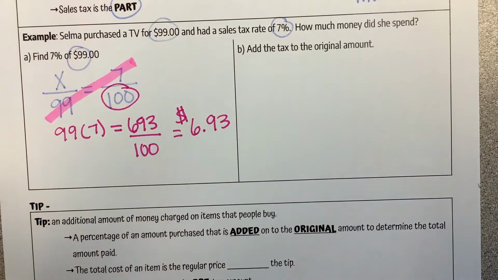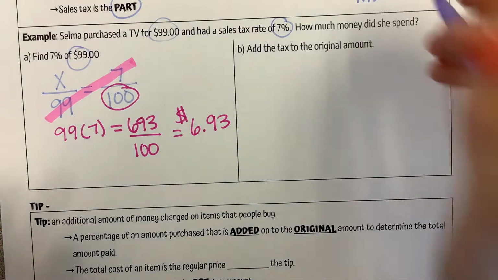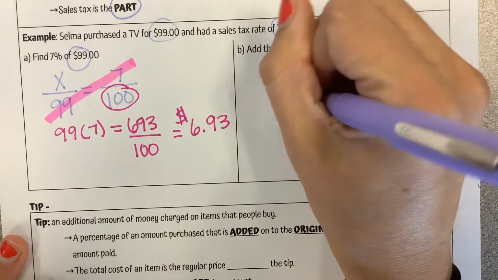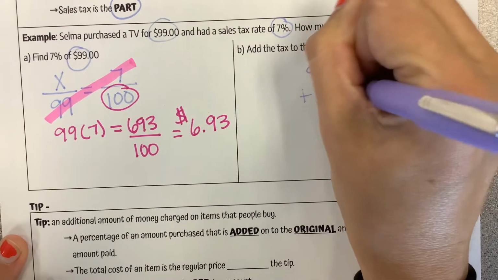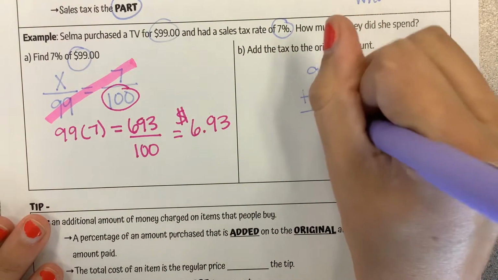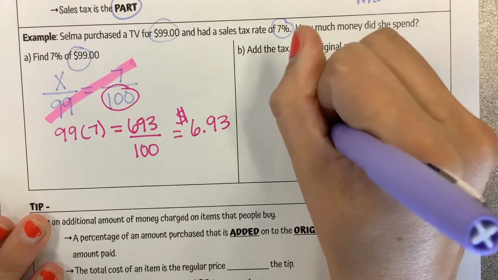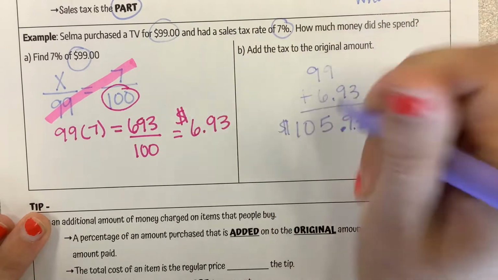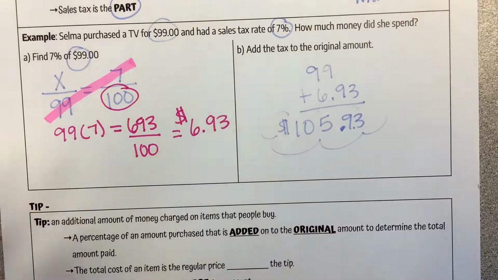So the tax that is being added is $6.93. So when we're looking at our total amount spent, we're paying $99 for the TV, plus we are adding in $6.93 for the tax, which is going to give us $105.93 for our total amount.